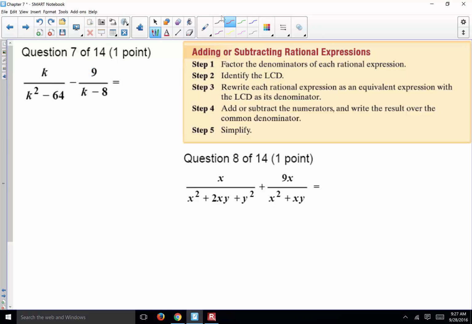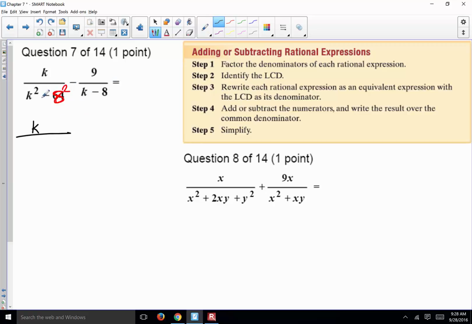Number 7. We need to first factor things. Only factor the denominators, not the tops. Tops, don't touch the tops. I'm wondering how I can factor k squared minus 64, and I bet there is a rule for it. Do you recall? Difference of squares. Yep. 64 is actually 8 squared.